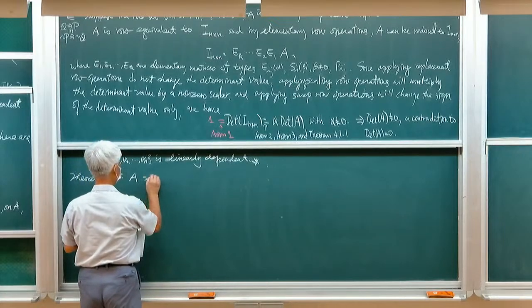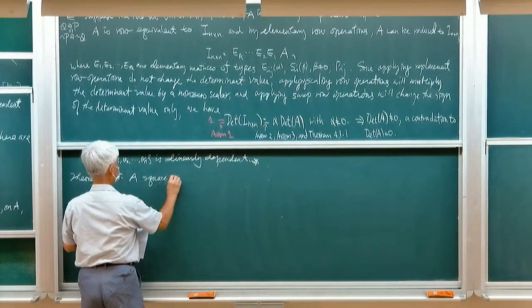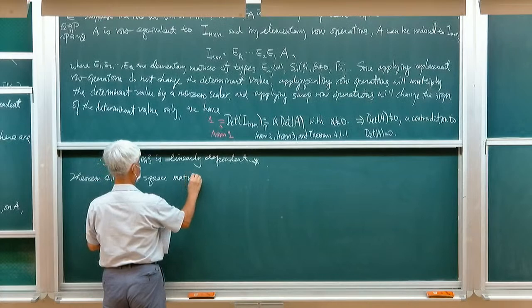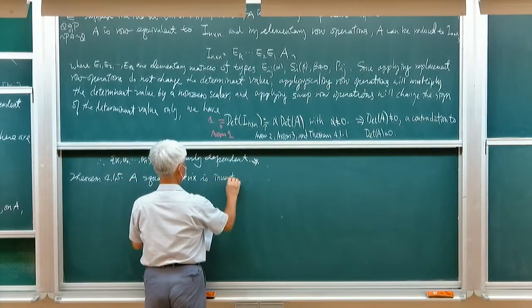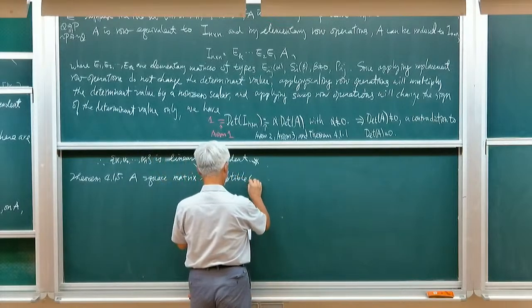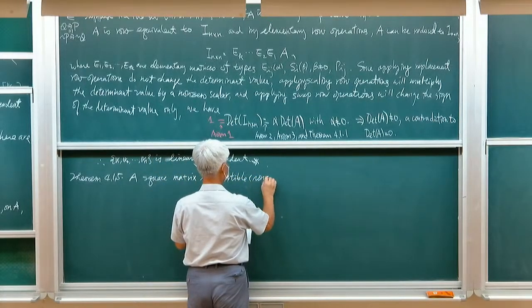A square matrix is invertible. Okay, also called non-singular.